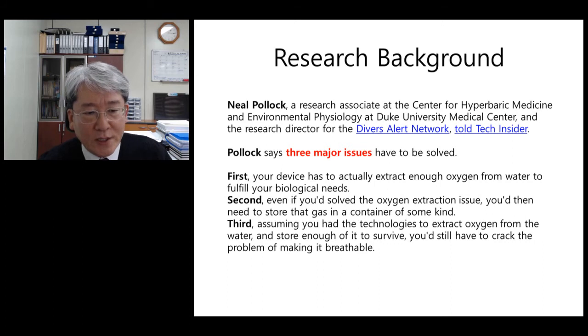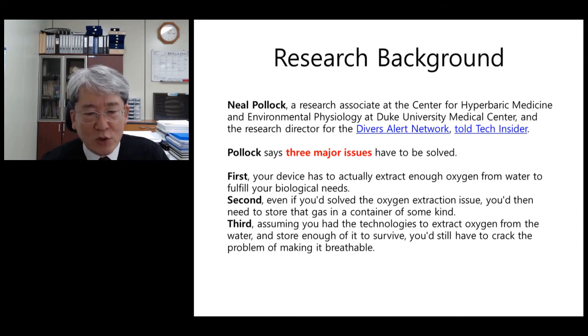According to an interview with Tech Insider, Neil Pollock, the research director of the Divers Alert Network, pointed out three major issues to be solved for underwater breathing. First, we need to extract enough oxygen from water.